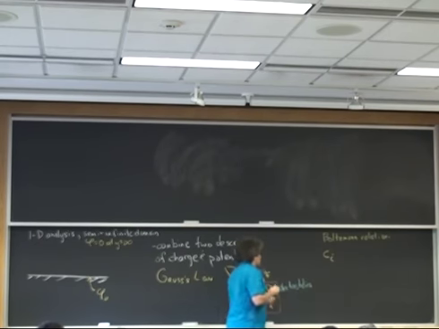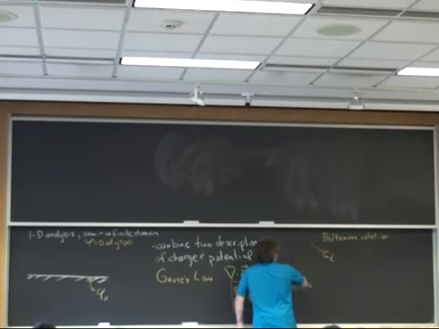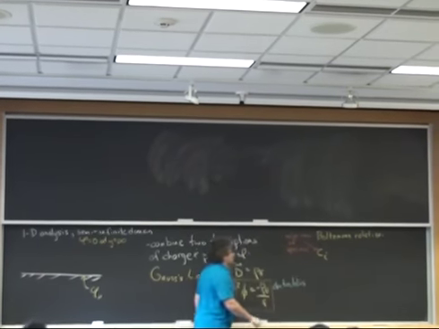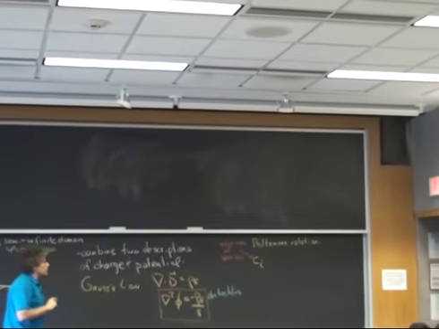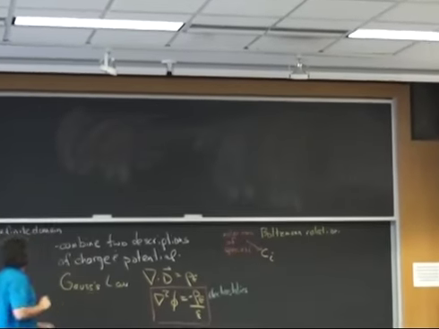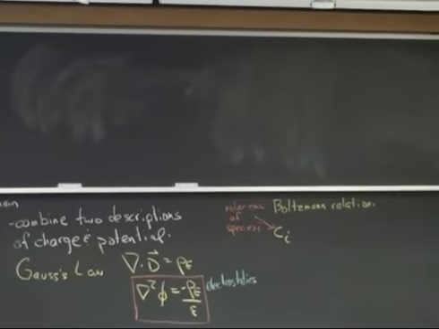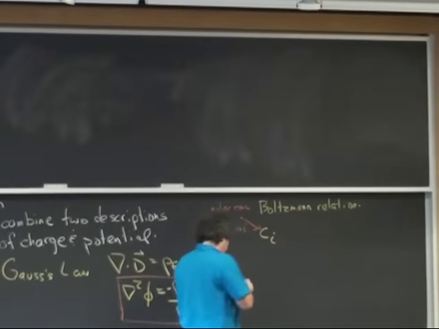So if I write c, and c is denoting the molar concentration of species i, I can write this as a function of the molar concentration of these species in the bulk and the local potential energy that that ion sees.